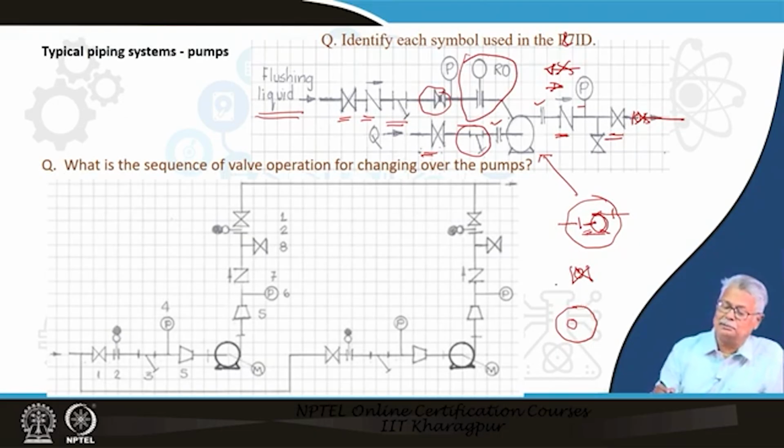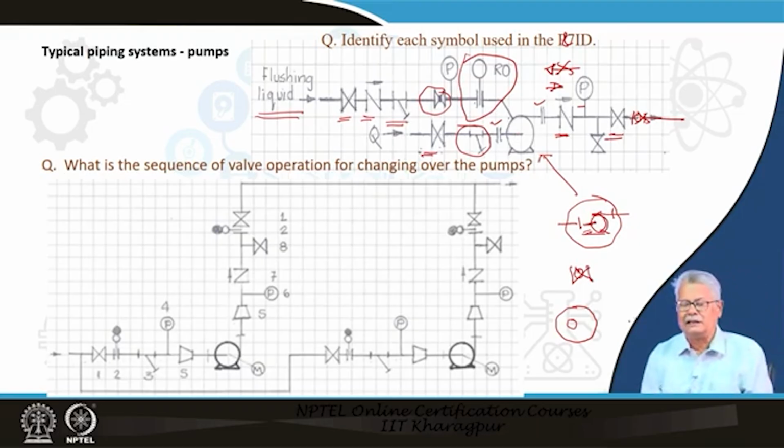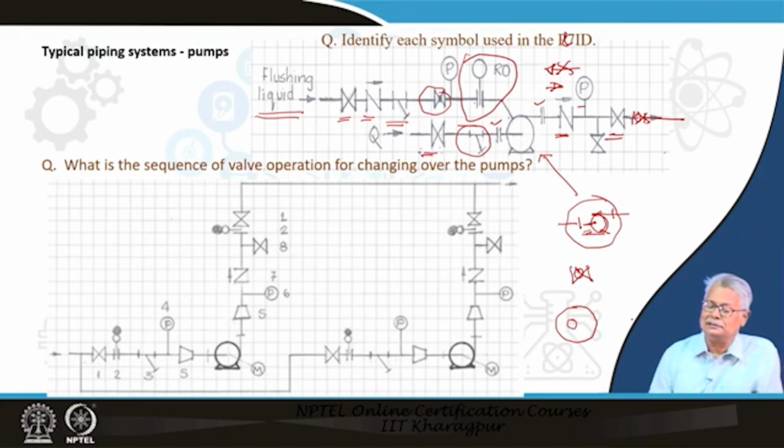That means, it will provide a certain amount of delta P across this, and it will limit the flow of the flushing liquid to this. The flushing liquid normally will not be used. The flushing liquid will be mostly used during shutdown to fill up the system, and possibly in some cases to fill up the downstream piping as well.